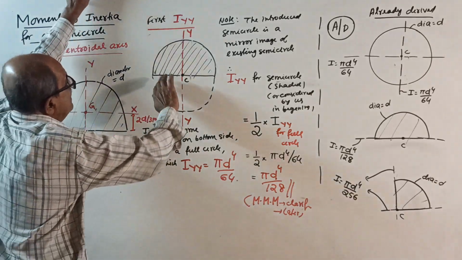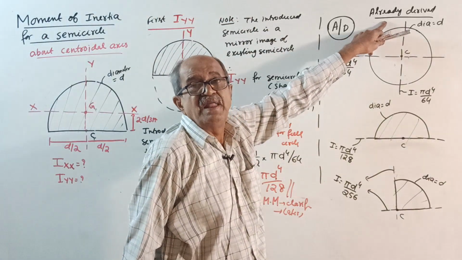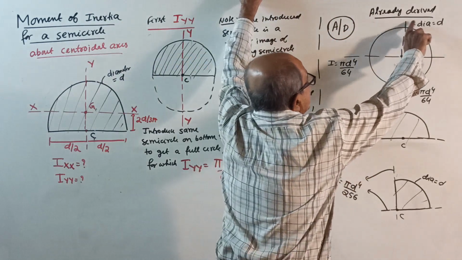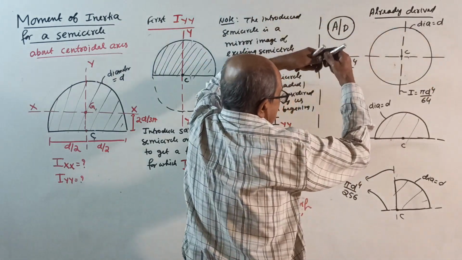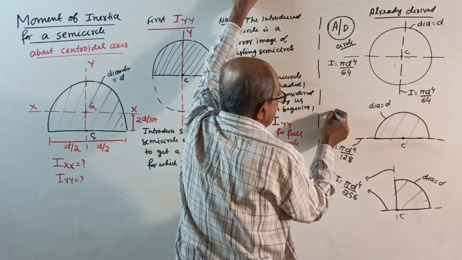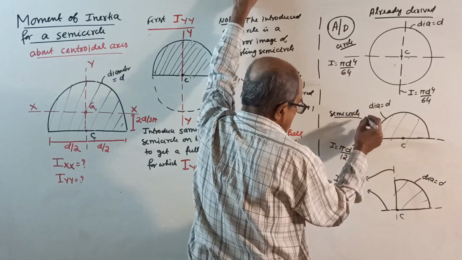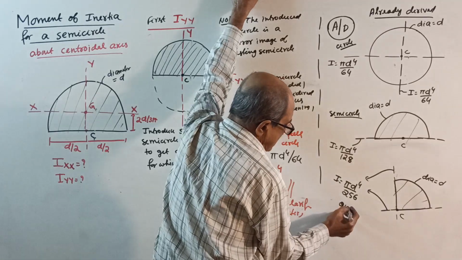Before you go here, already derived earlier, for a circle, you write here circle, semicircle, and write here quadrant of a circle.